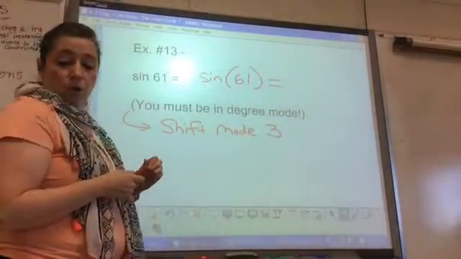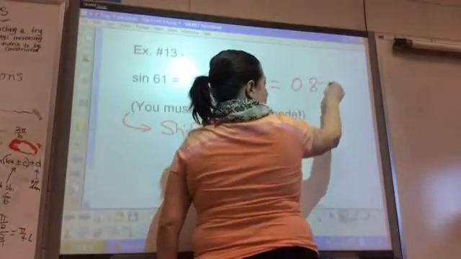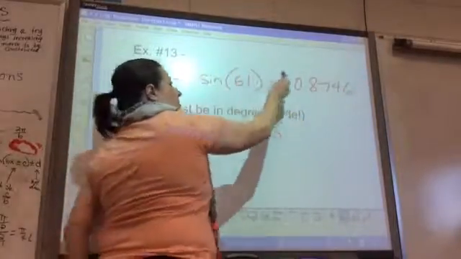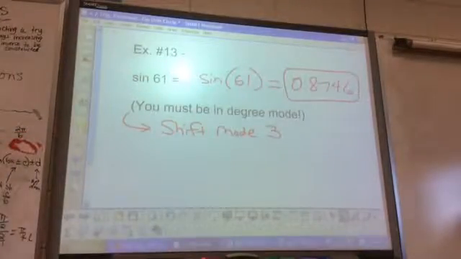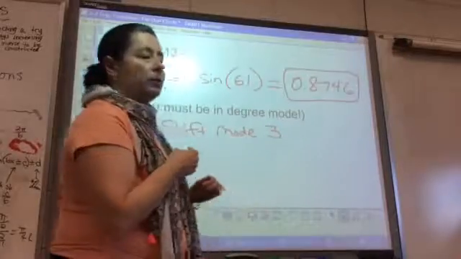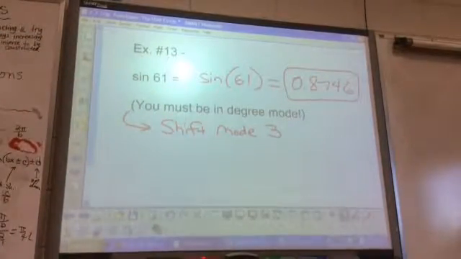All right, so point what? 874. 874.6 if I round it. Is that good? All right, make sure that works. Pay attention to wherever they tell you to round. A lot of times they say 4 after because they know we're going to be getting decimal numbers here, so they take them out usually. All right, so that's all you will do for that.